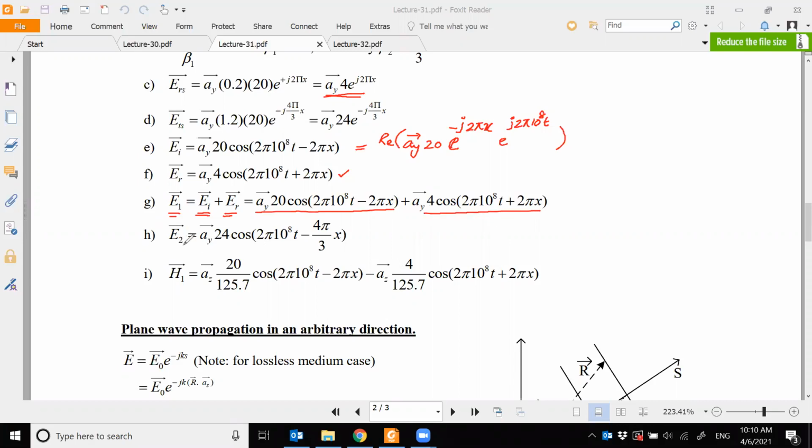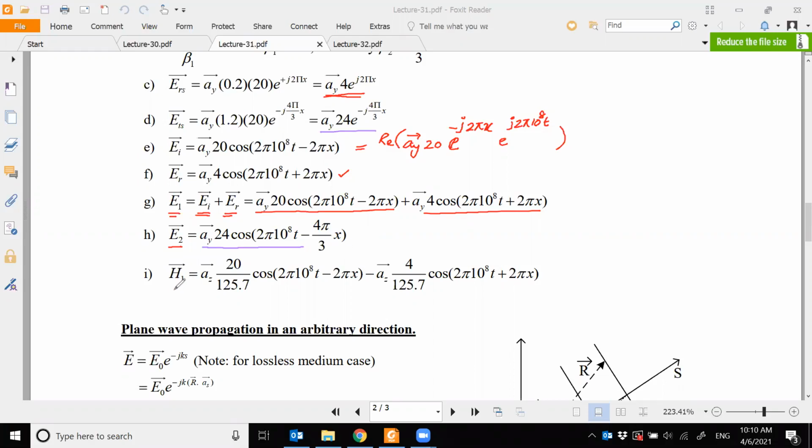And the field in region 2, E2, in the instantaneous form, we know this one. It is AY 24 e power minus j 4 pi over 3 x. So in instantaneous form, it will be AY 24 cos(2 pi 10 to the power of 8 t minus 4 pi over 3 times x).